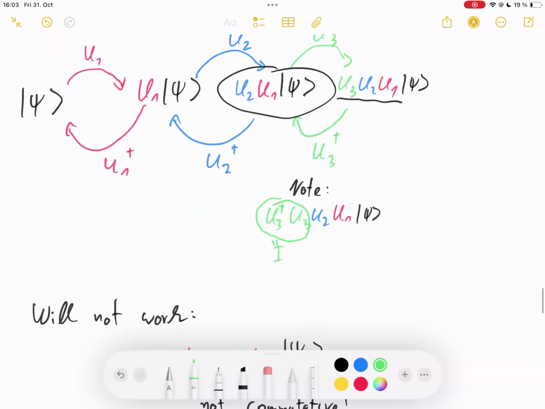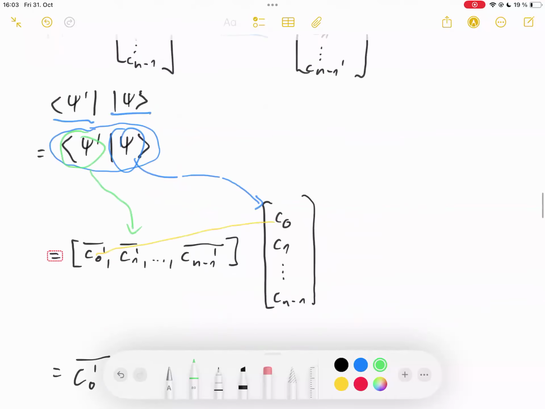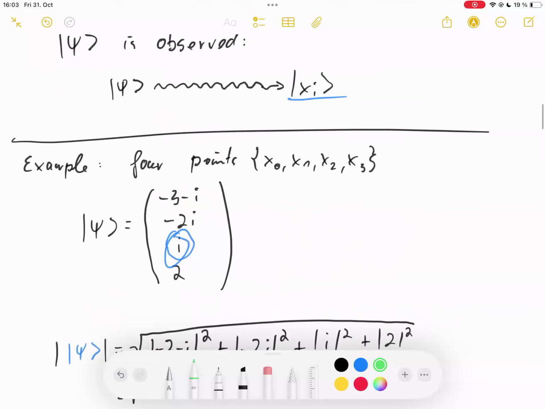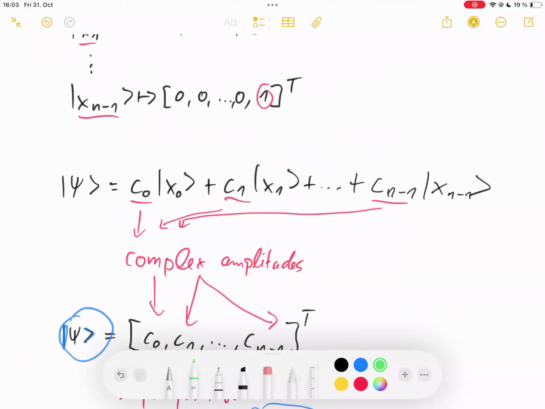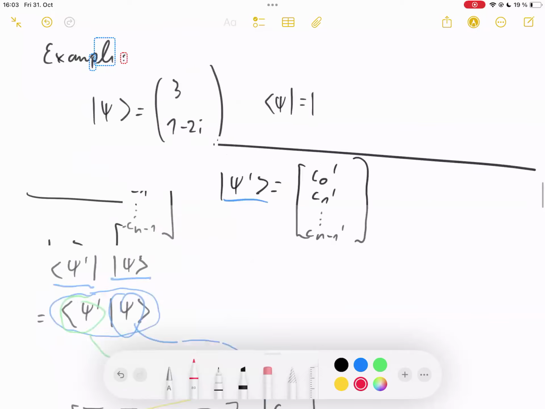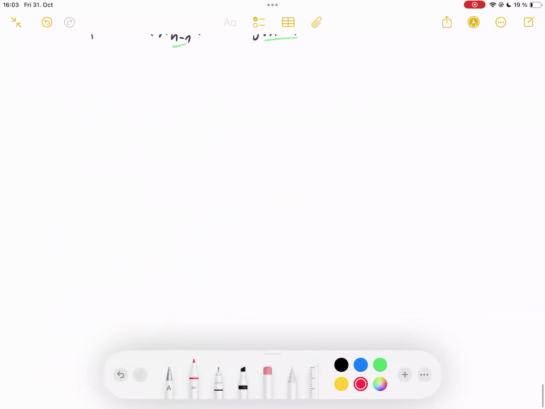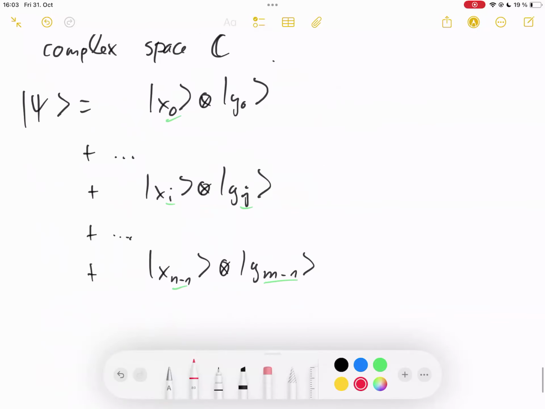Okay, we can go back to earlier today when we looked at the superpositions. We had the basic states and we had the amplitudes. So now when we look at an assembled system, we also need amplitudes. And one person also wrote this in the chat.